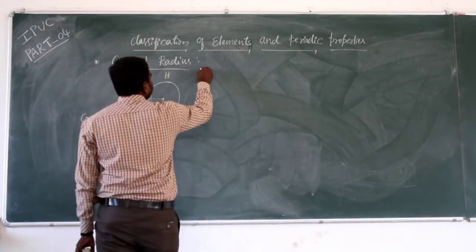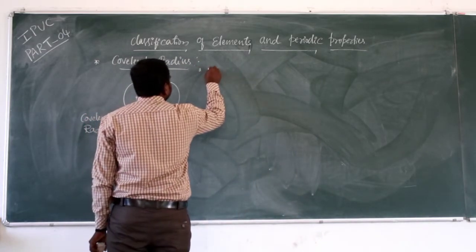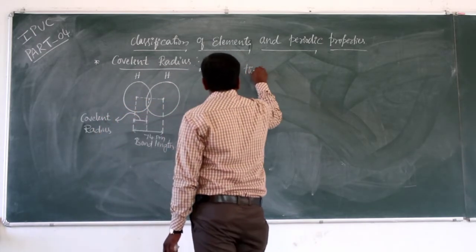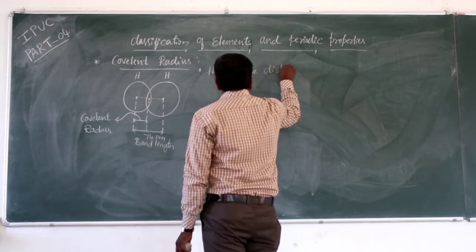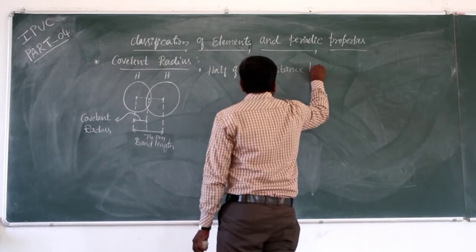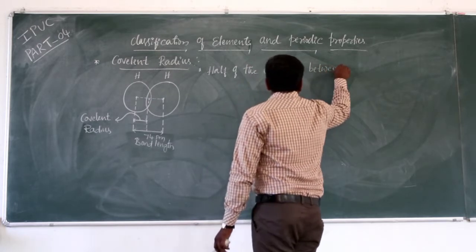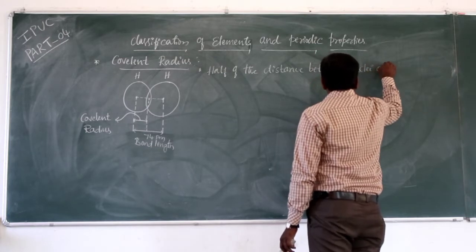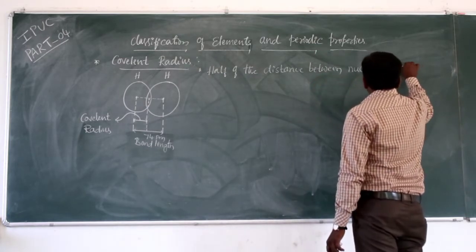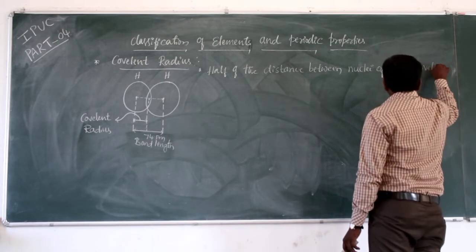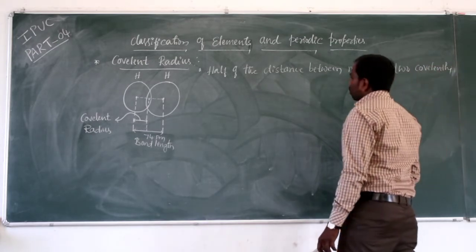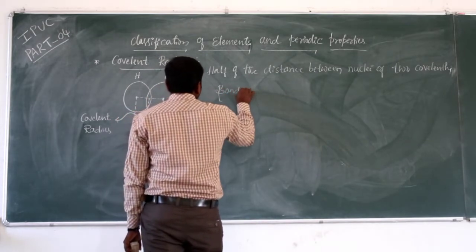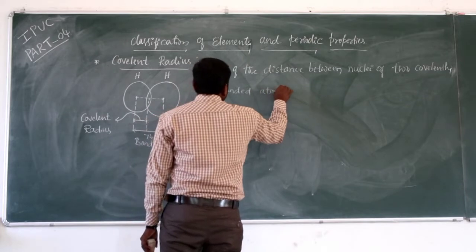Right? Covalent radius is defined as half of the distance between the nuclei of two covalently bonded atoms.